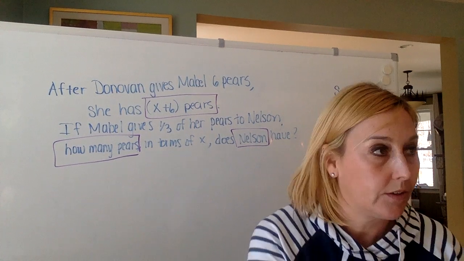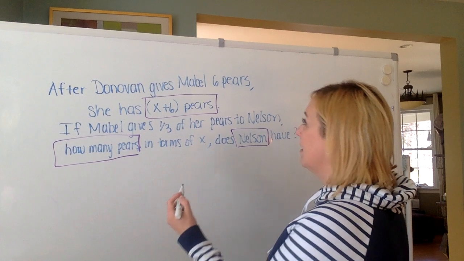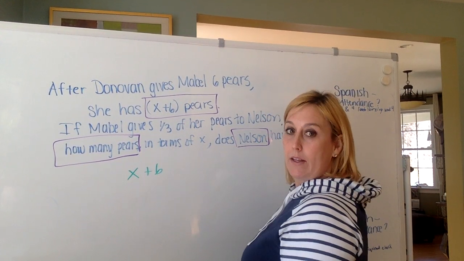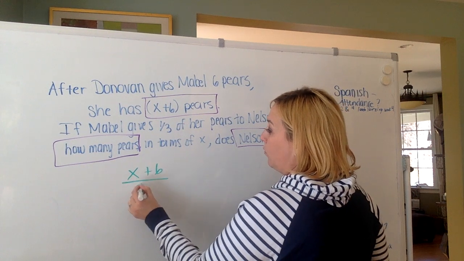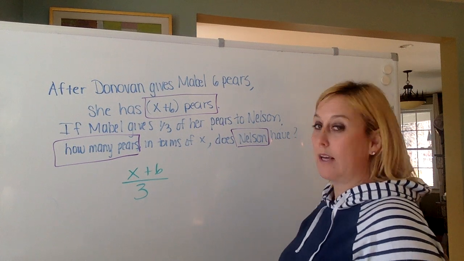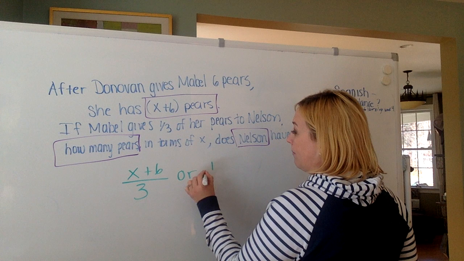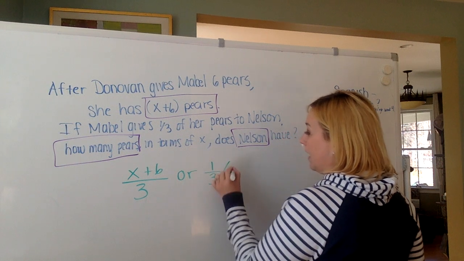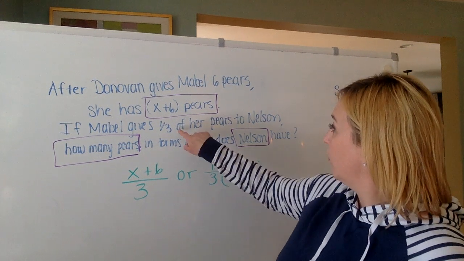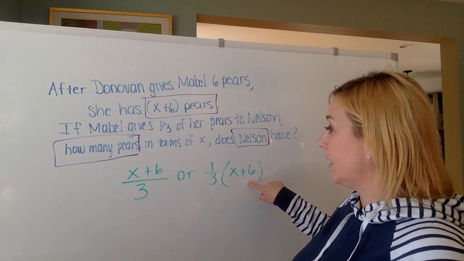So we could tackle that by saying, all right, we know that Mabel had x plus 6, right? And she gave him 1/3. So we could do x plus 6 divided by 3. Or you could say, I'm going to multiply 1/3 times x plus 6, right? 1/3 represents what she gave Nelson, but we have to multiply it by x plus 6.